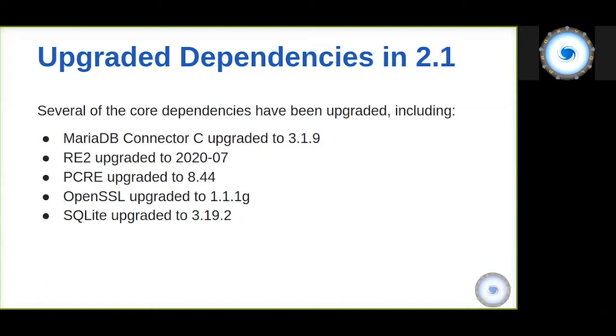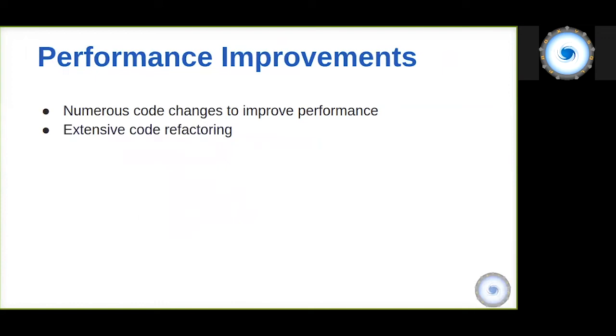We upgraded several of the regular expression libraries, OpenSSL to the latest, and SQLite to 3.19.12. Also, we performed a lot of refactoring, and that has allowed us to have simpler code in a lot of portions of ProxySQL modules, and also we found some ways of improving performance in certain specific code paths.